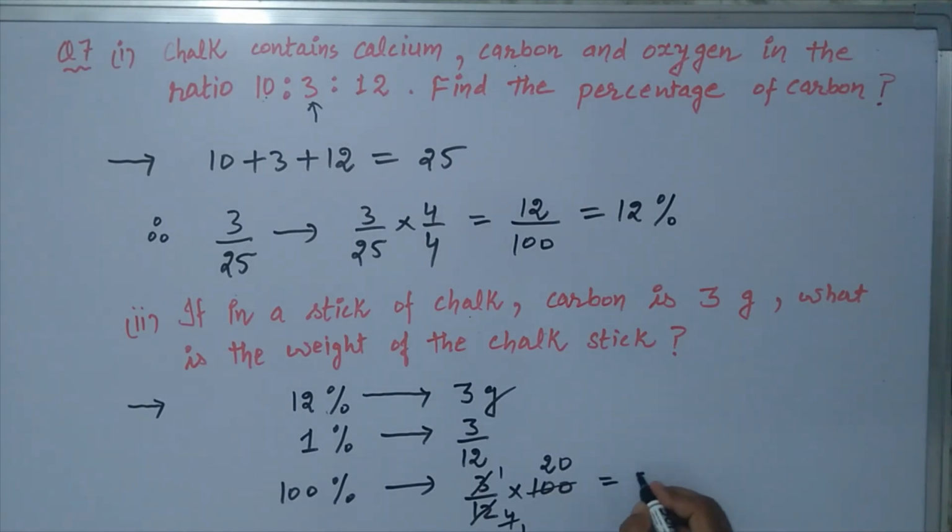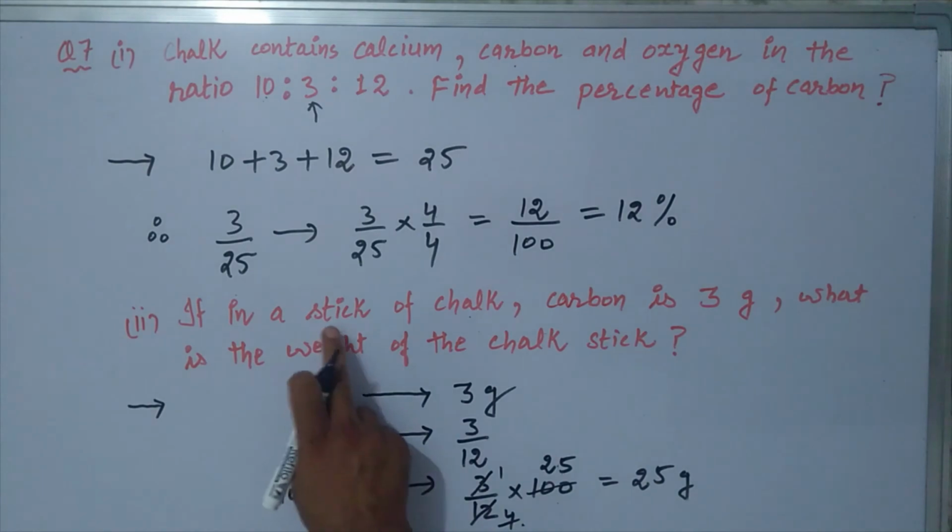So this is equal to 20 gram. Right hand side is in gram. Sorry, this is 25. So 25 gram, 100 divided 4 is equal to 25. 25 gram is the weight of the chalk stick.